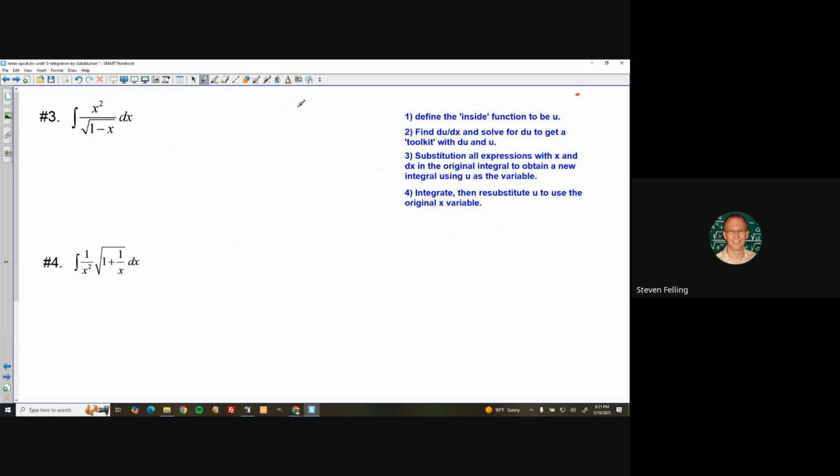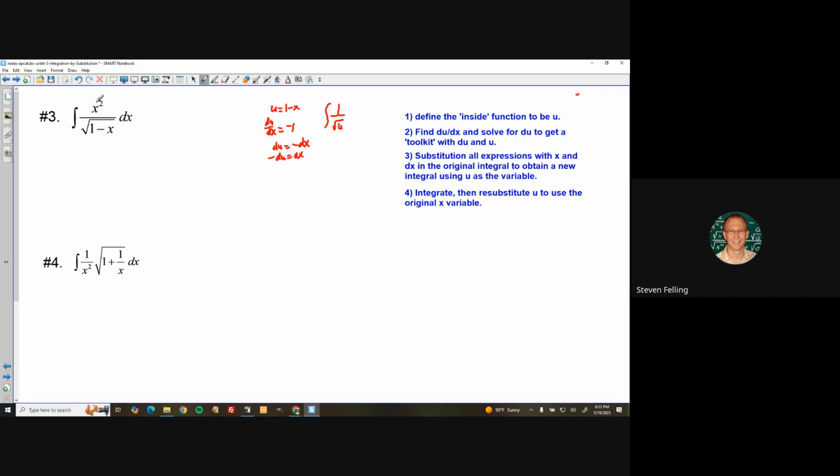But let's say that I did decide to make u 1 minus x because that's inside this function. So the derivative here would be, let's see, negative 1. So du would be negative times dx. And that means that this dx is negative du. So now if I try to substitute, what I'm going to get is an integral of, let's see, this is 1 over the square root of u.